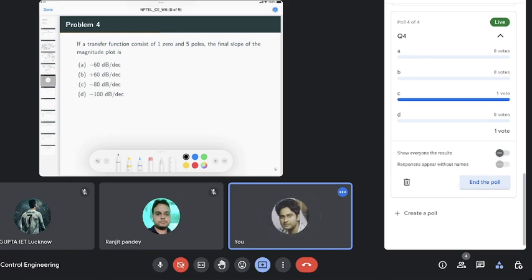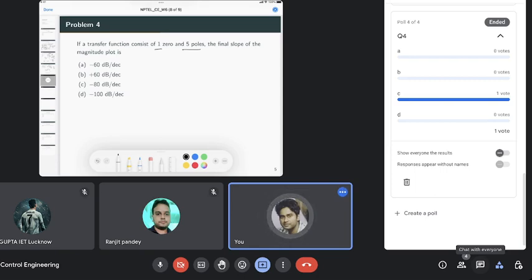Okay, so again a very basic question. You have 1 zero and 5 poles, and you already know that your zero will contribute 20 dB per decade, the positive 20 dB per decade slope, and each pole will contribute minus 20 dB per decade.